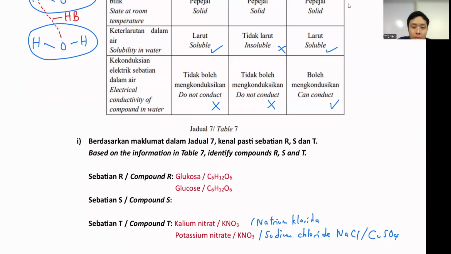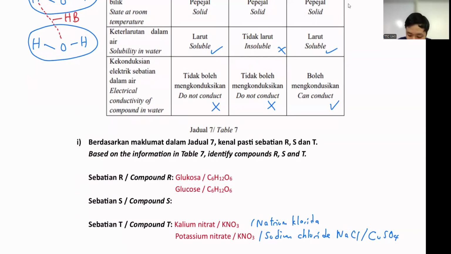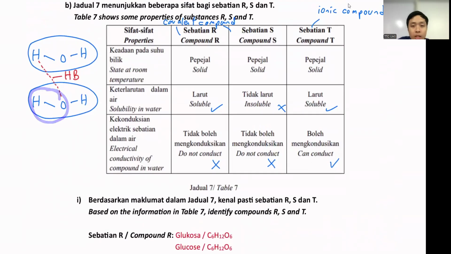But normally we accept glucose in SPM, or even ethanol is possible. Glucose has an O–H bond inside the structure. If you see any O–H bond, it is normally soluble, even though it's a covalent compound. This one is a bit tricky sometimes, and may come out in the tricky question.